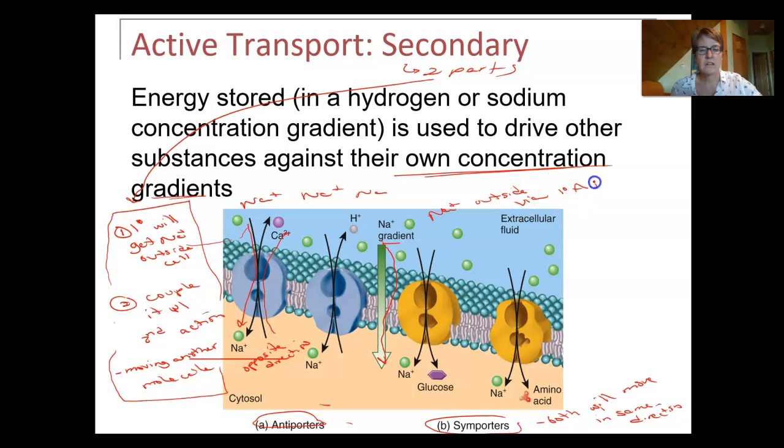Now sodium is going to come back in, and as it comes in, it's going to bring glucose in with it, which is against its concentration gradient, right? That's kind of the kooky part of it. But they're both moving in the same direction. So that's important.